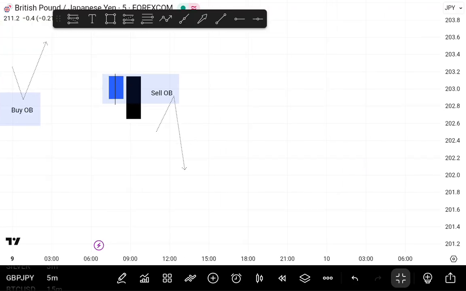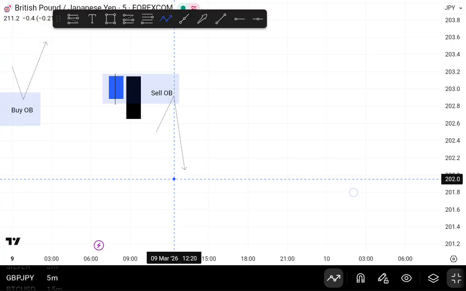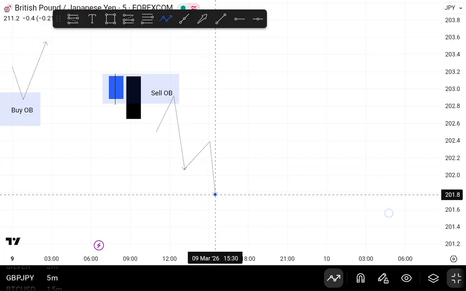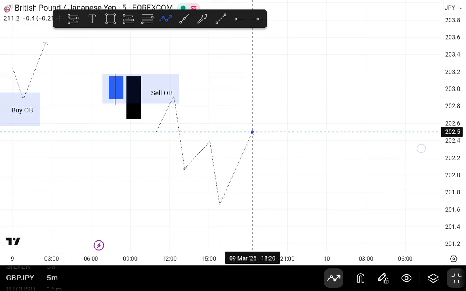So where does the breaker block then come from? The breaker blocks and order blocks fail to hold. Rally, we are selling. The market made an MSS here.